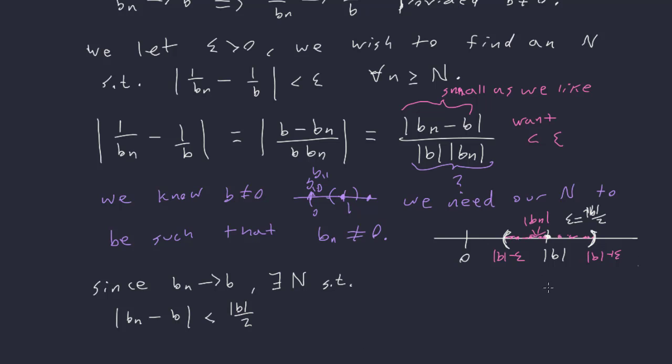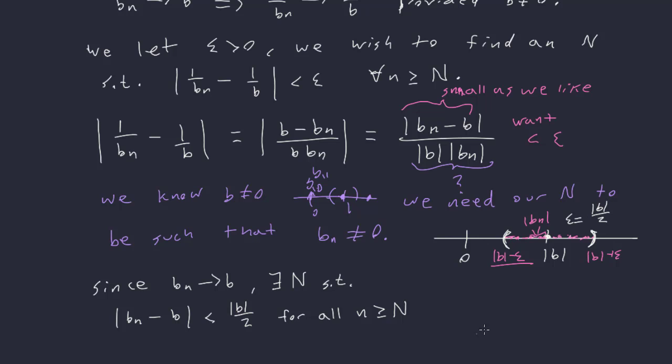All right, so let me write that out a little bit. So this is for all little n greater than our big N. Now, if all my terms, all my absolute values of bn, are in here, then they're all greater than |b| minus epsilon. I didn't really specify it here, but we are letting epsilon be the absolute value of b over 2.